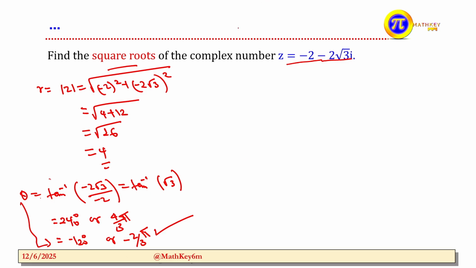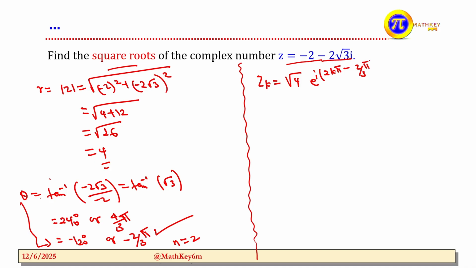After obtaining this principal value, and our n is 2, we can find the square root of our complex number using the formula z_k is equal to the square root of 4 times e to the power of i times 2k pi minus 2 over 3 pi, over 2, which is 2 e to the power of i times (2k pi minus 2 over 3 pi) divided by 2.